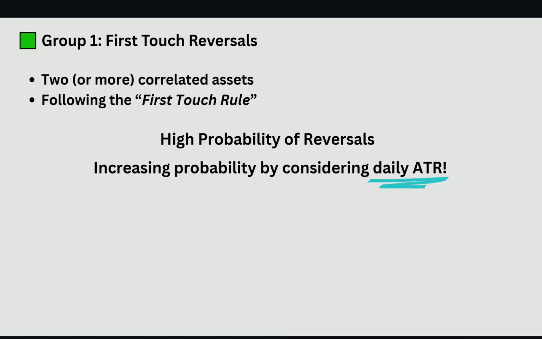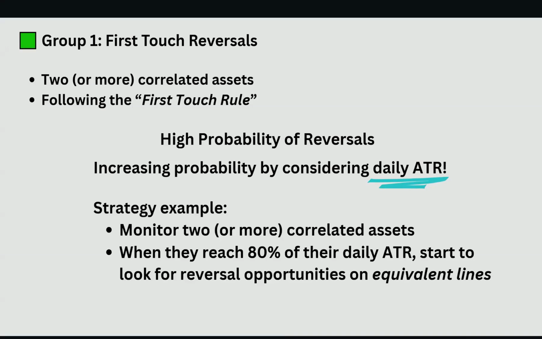But to increase the probability of success even more, you can consider the daily ATR of them. For instance, when 2 or more correlated instruments reach their daily ATR, you can start to look for reversal opportunities.